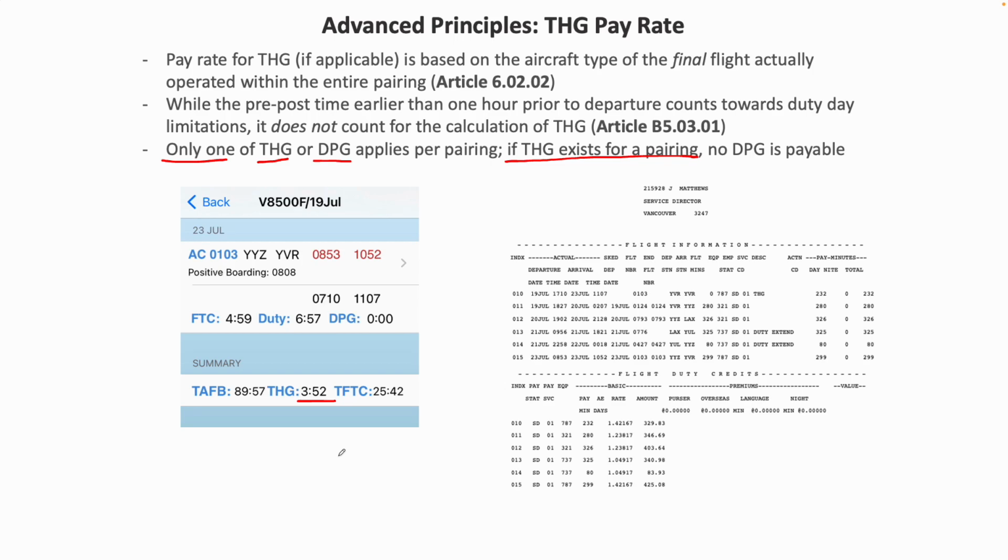So you would ignore any DPG for any of the duty days within the pairing. So mathematically, your THG, if you have it, is always going to be benefiting you more than paying out DPG. So THG overrides DPG because it means you're getting paid more than the DPG would have given you.